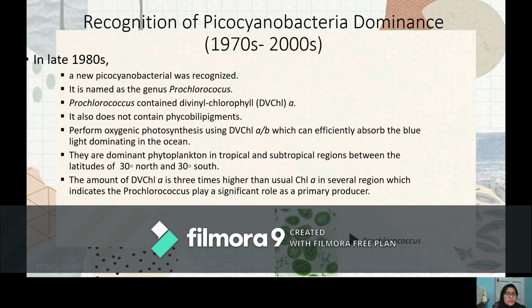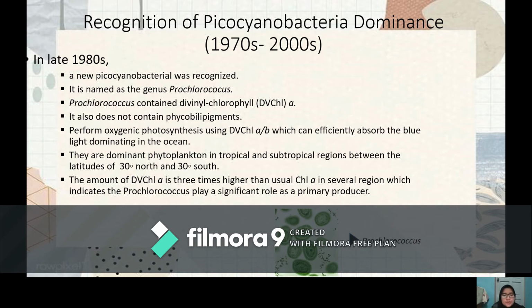The next one is in the late 1980s, when a new picocyanobacterium was recognized and named the genus Prochlorococcus. Prochlorococcus contains divinyl chlorophyll a and does not contain phycobilin pigments, which are common in Synechococcus species.